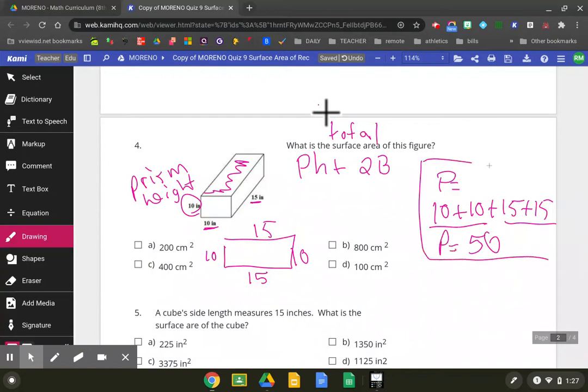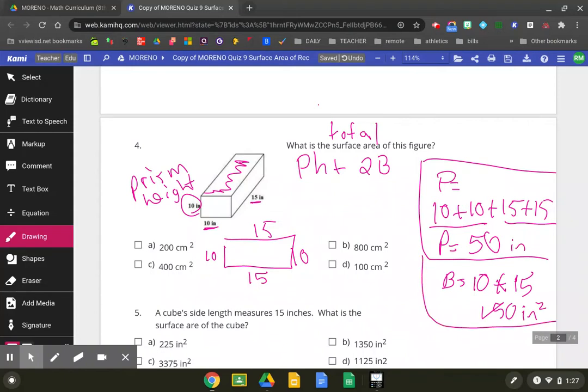That's big P. Big B is just 10 times 15, which is 150 square inches. Let me fix that really fast. Okay, so that is 150.